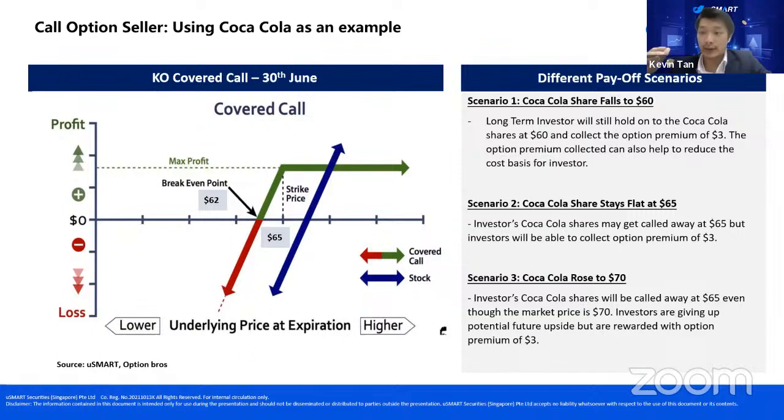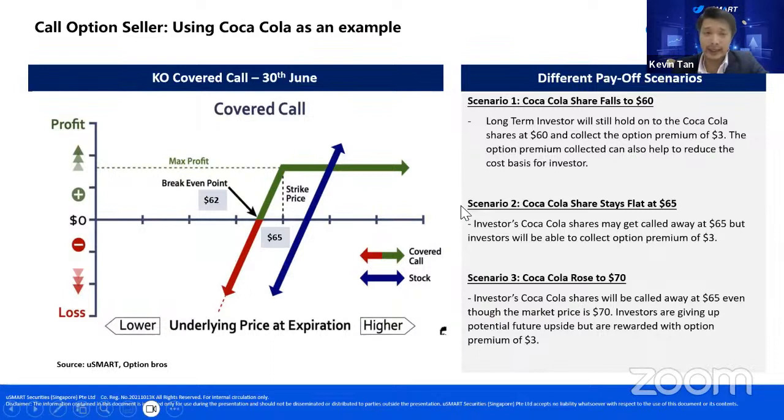So even though Coca-Cola rises above $70, we are forced to sell Coca-Cola shares at $65 because we want to earn that option premium, right? So in a way, you are giving up your future upside beyond $65, but you are being rewarded with the consistent option income of $3.